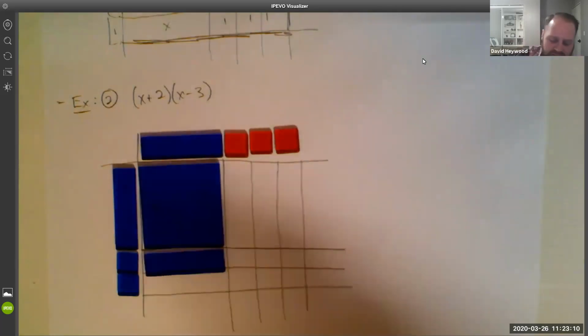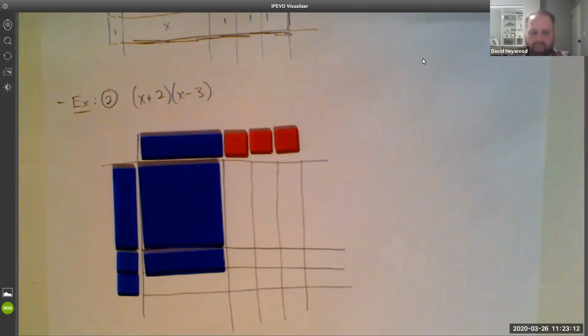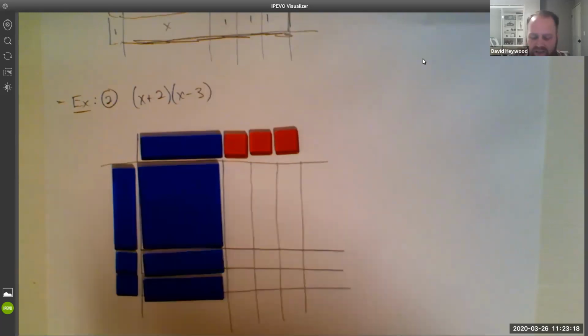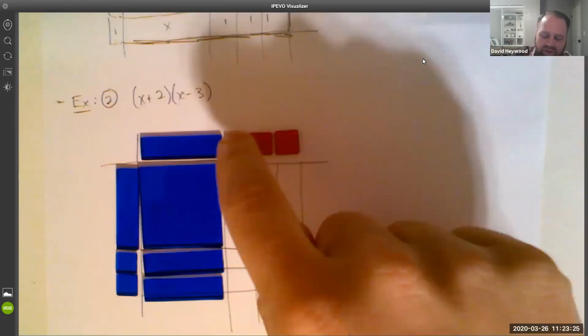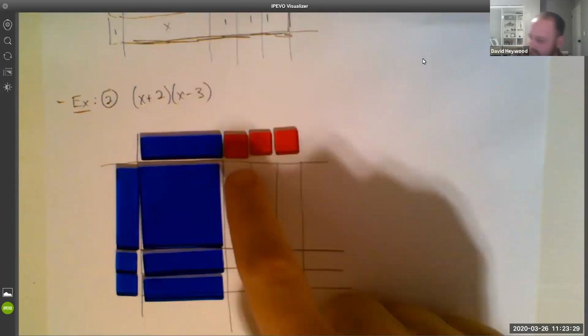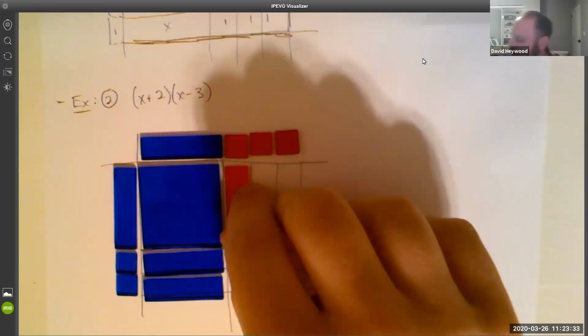Same thing goes for that one. Here I've got an x times a unit. The only tile that'll fit in here is an x tile, but because I have different colors, blue and red, the result has to be red. Okay, and same thing goes for this one and for this one.